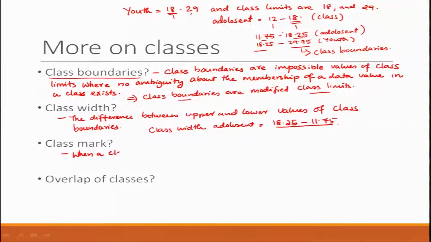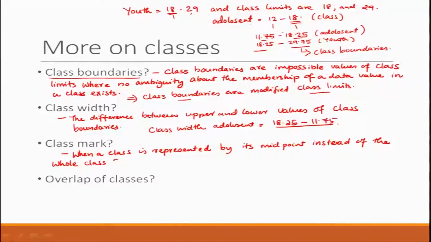When a class is represented by its midpoint instead of the whole class specification, it is known as class mark.